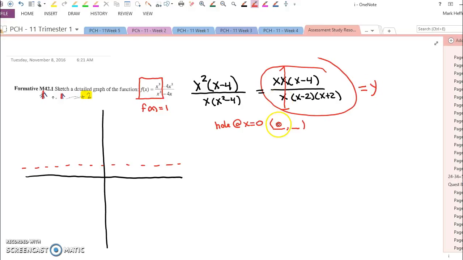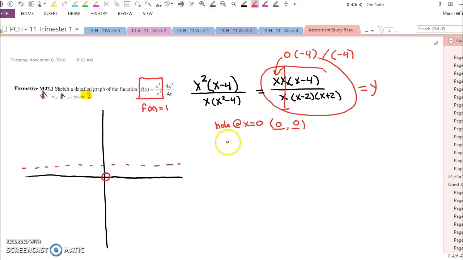So if you plug in 0 for x, you'll find the new y-coordinate as long as you've canceled out the hole. And when I do, I get 0 times everything else. Turns out it'd be 0 times -4 divided by -4. But none of that matters, because when I multiply anything by 0, I'm going to get 0. So I can put the hole right there.